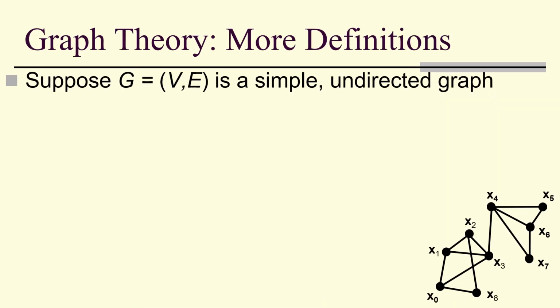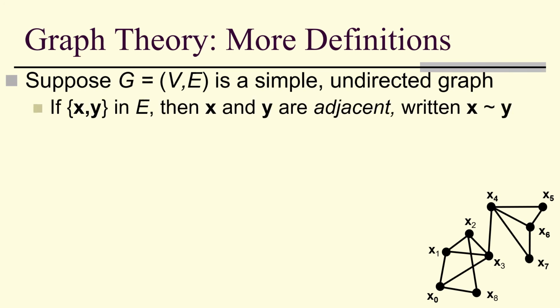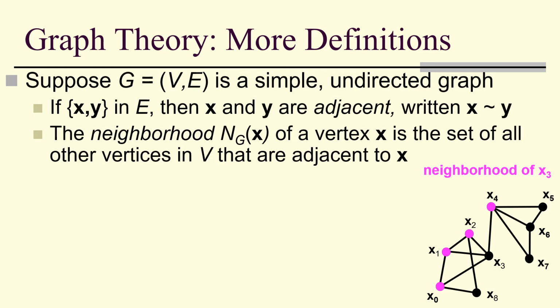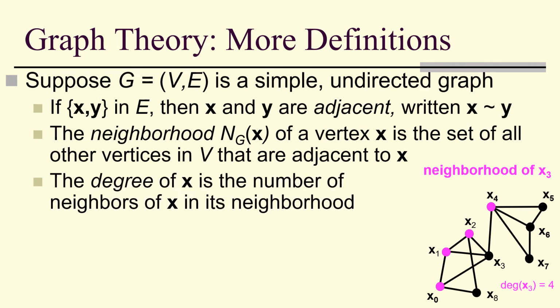Now let's do a few more definitions. Suppose we have a simple undirected graph. If you have an edge in E, the set of edges, then X and Y are said to be adjacent, written X ~ Y. The neighborhood of a vertex X is the set of all other vertices in V that are adjacent to X. The degree is the number of neighbors in the neighborhood.